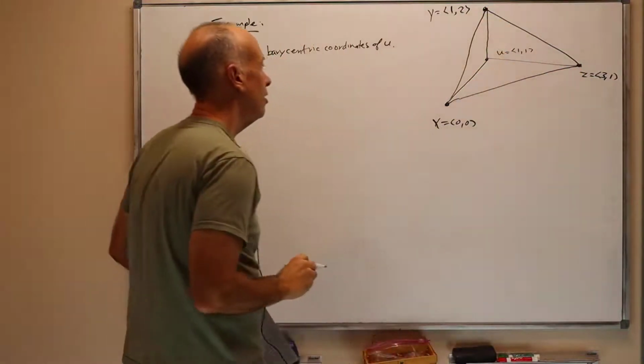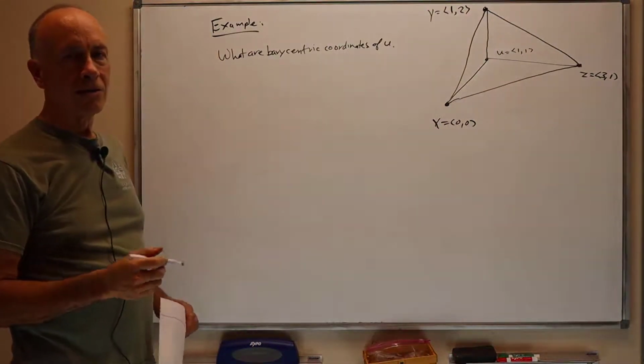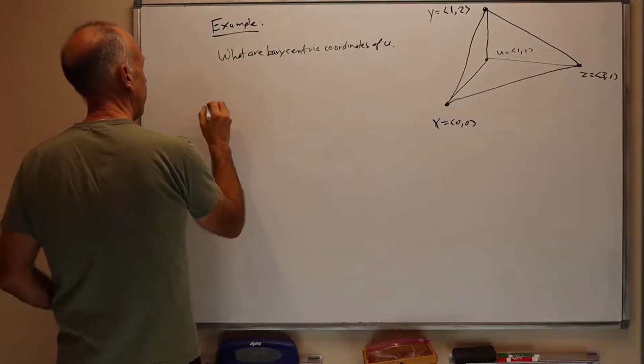So the formula we're going to use for triangles is based on the determinant of a 2 by 2 matrix, or it's similar to the cross product. Here's the general principle.